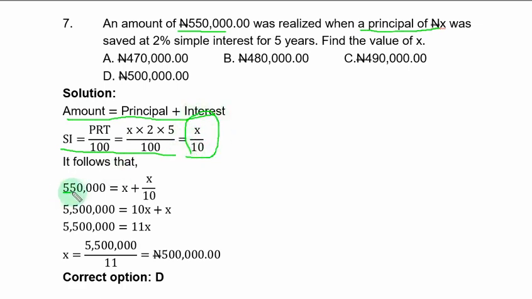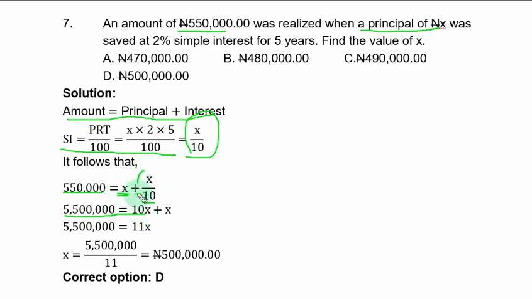Amount is 550,000 equal to principal is S plus interest S over 10. Multiply through by 10 to clear fractions. You have 5,500,000 equal to 10s. That is 10 times s here.